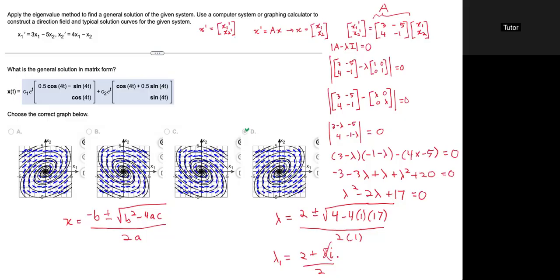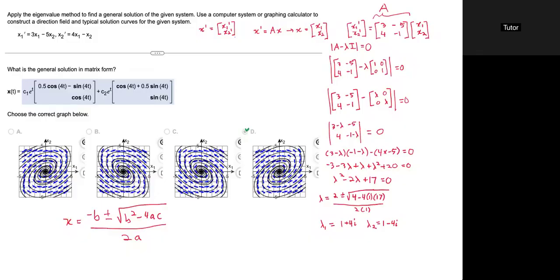We get an imaginary number over here because the value inside the square root is negative, which simplifies to 1 plus 4i, and a lambda 2 value of (2 minus 8i) over 2, which simplifies to 1 minus 4i, as we see over here.